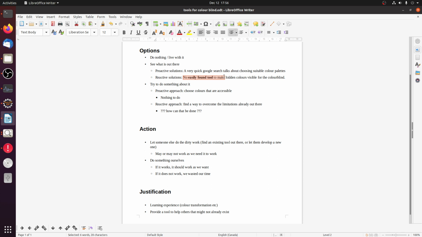And whether I succeed or not, there are certain things that can be learned along the way, and one of the main benefits would be color transformation. When you're dealing with computers and modern day monitors, each of the colors are treated as separate colors by themselves.